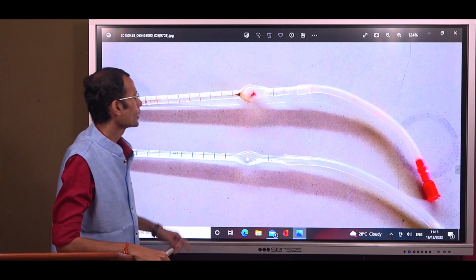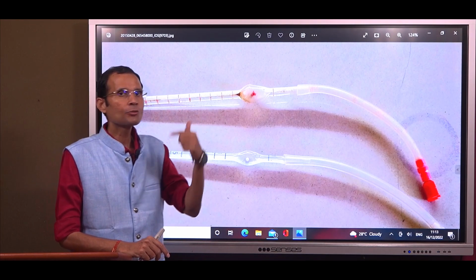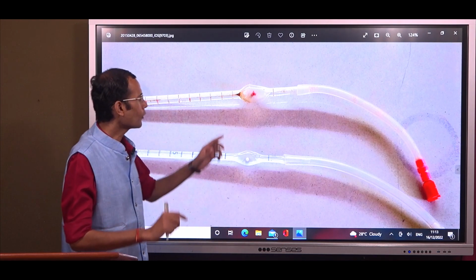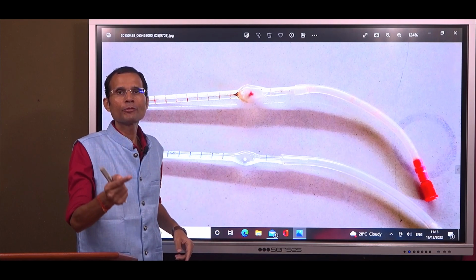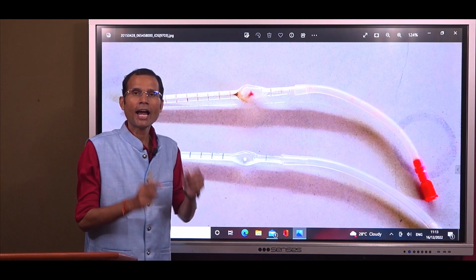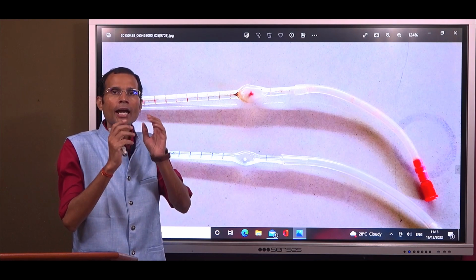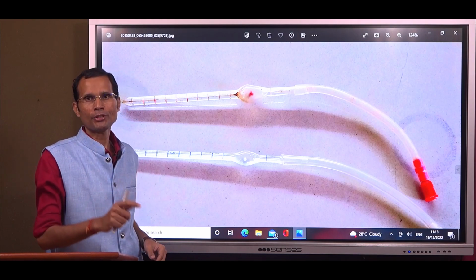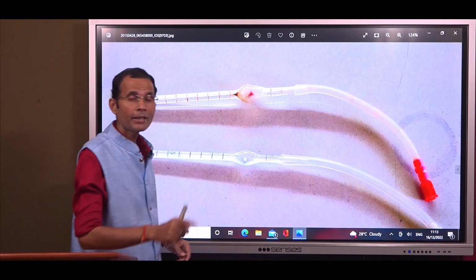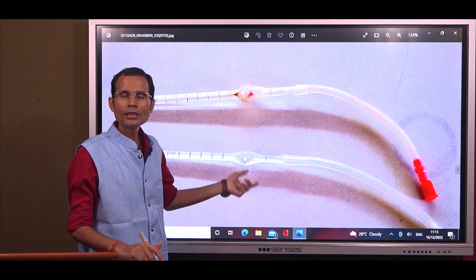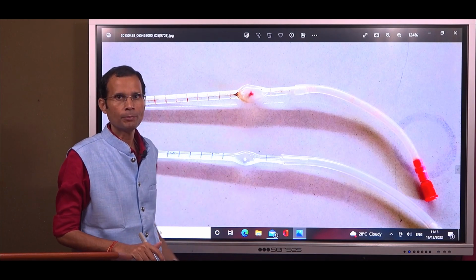Remember this: the glass walls are smooth from within, and therefore mixing of the blood sample with the diluting fluid would not have been proper. So this bead helps in the mixing of blood sample with the diluting fluid, and I repeat again, the dilution takes place only and only within this bulb.